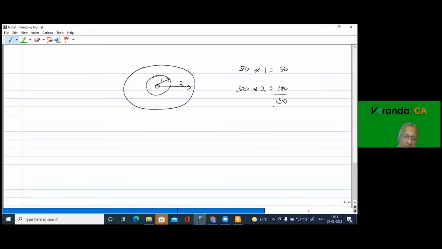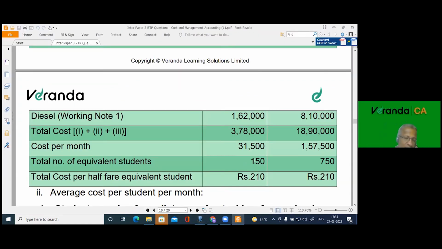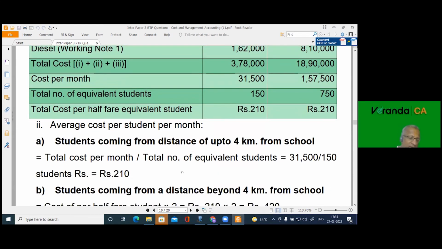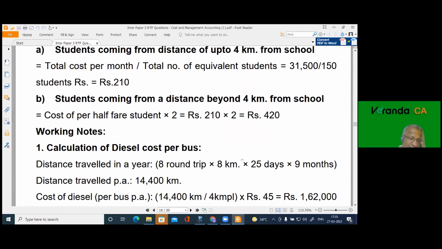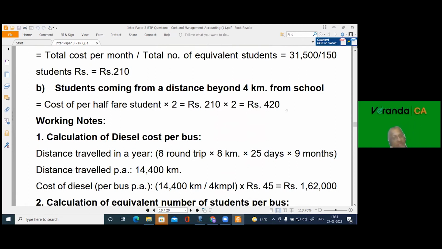So 150 equivalent students they handle. That is what they have mentioned. So for 5 buses, into 5. Therefore, those who are charged for 4 kilometers distance, 210. So 210 for them means 420 for those who are traveling beyond 4 kilometers.